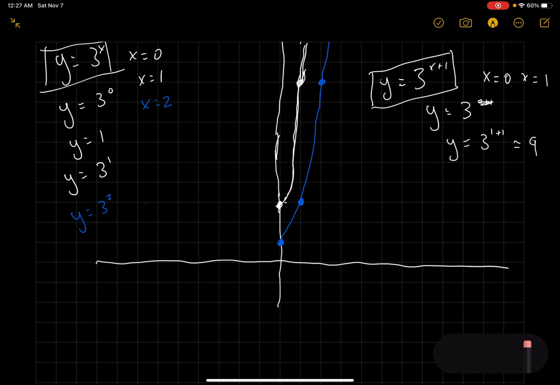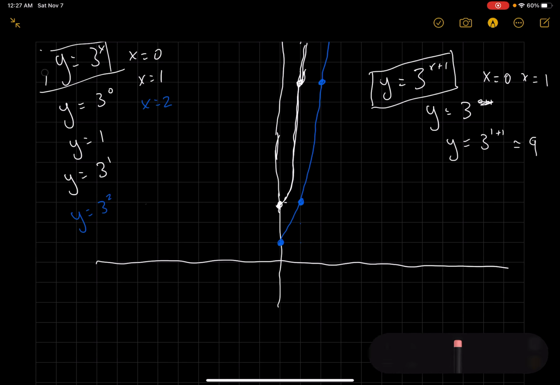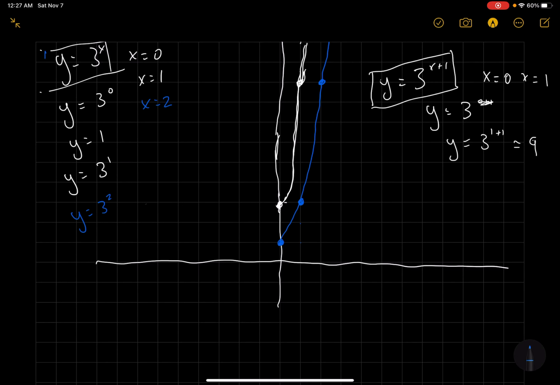So our original function was y equals 3^x, and that is this function right here. That was our original function.